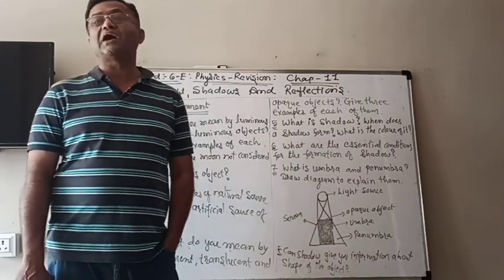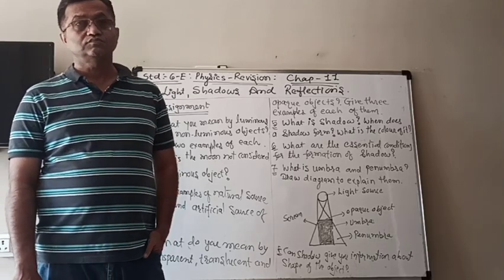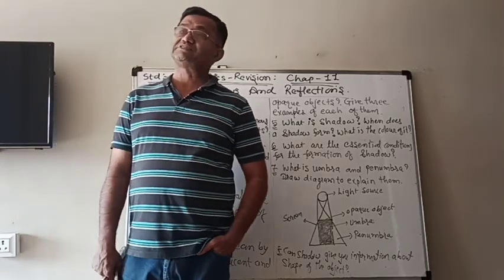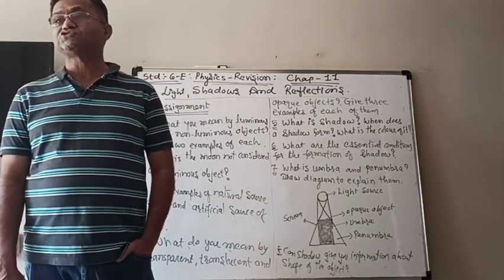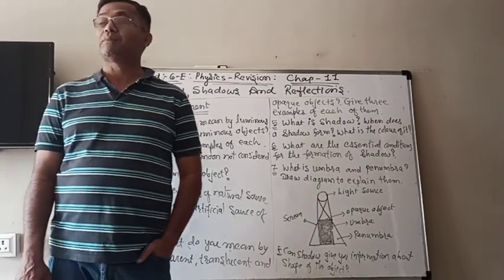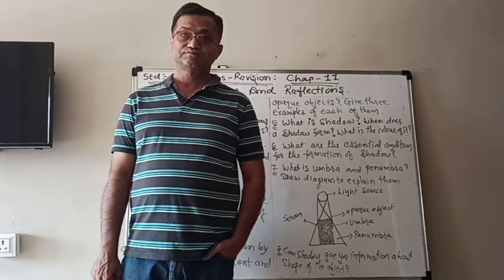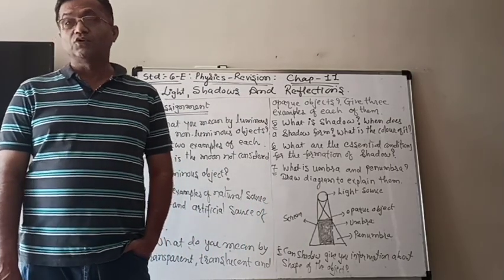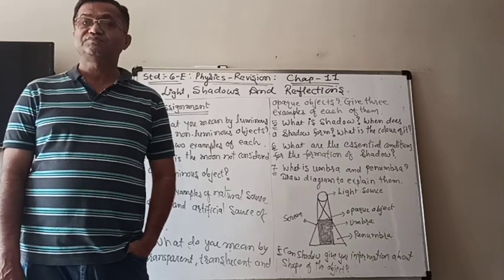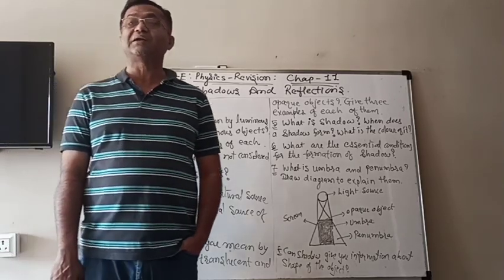Suppose you are in a dark room, electricity is gone, and outside also it's very dark, probably no moon there. Then how will you feel? You won't be able to see the things which are very nearby to you.